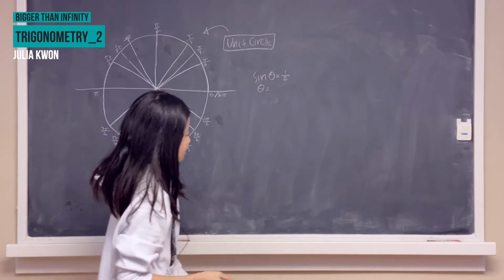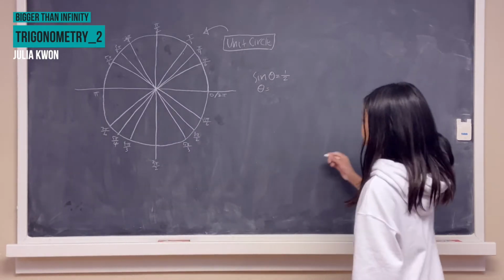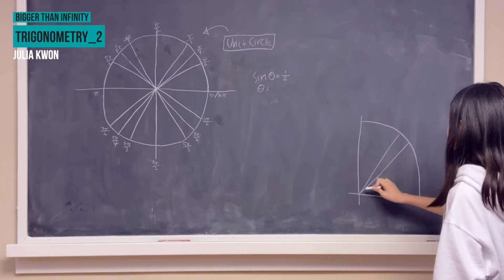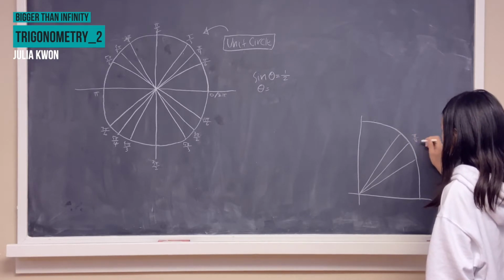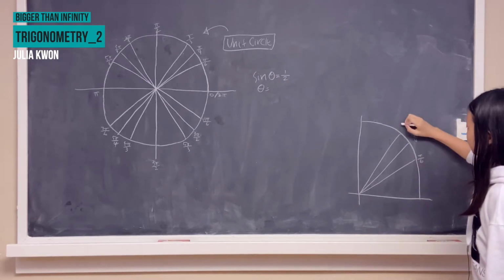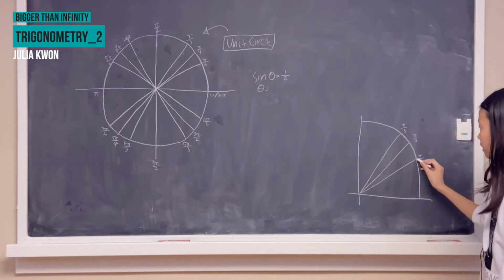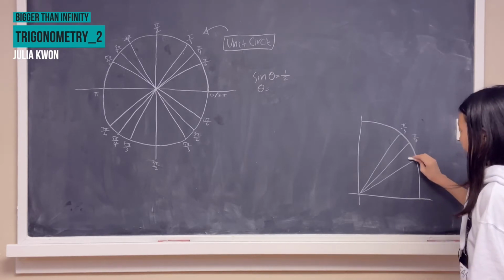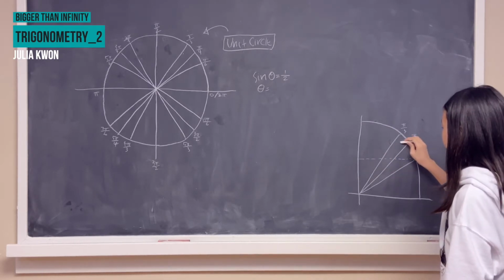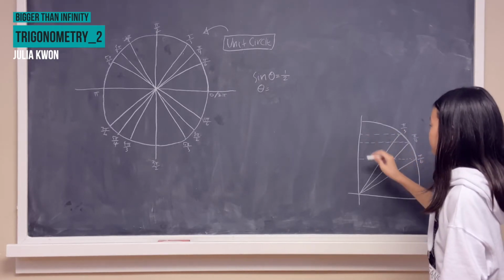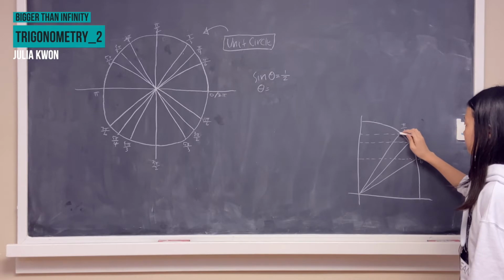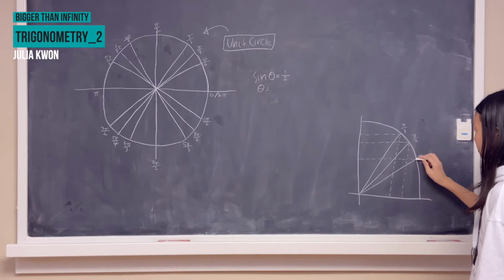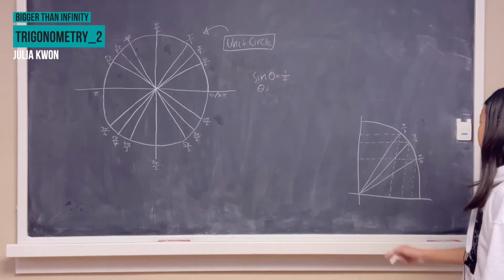So I would actually like to draw just the first quadrant aside. And I showed this to you guys in the last video, but I make horizontal lines that connect to the vertical line, or the y-axis, and I also make 3 vertical lines that connect to the x-axis.